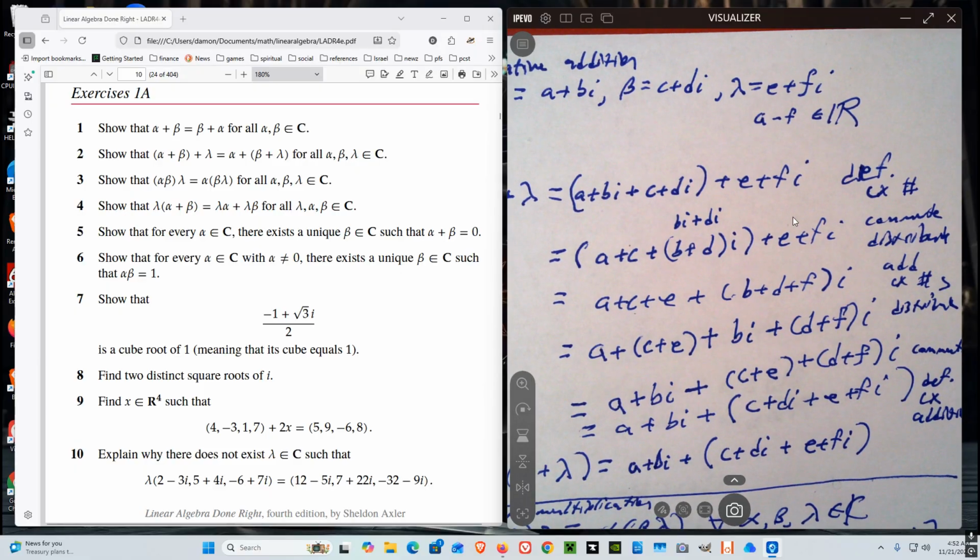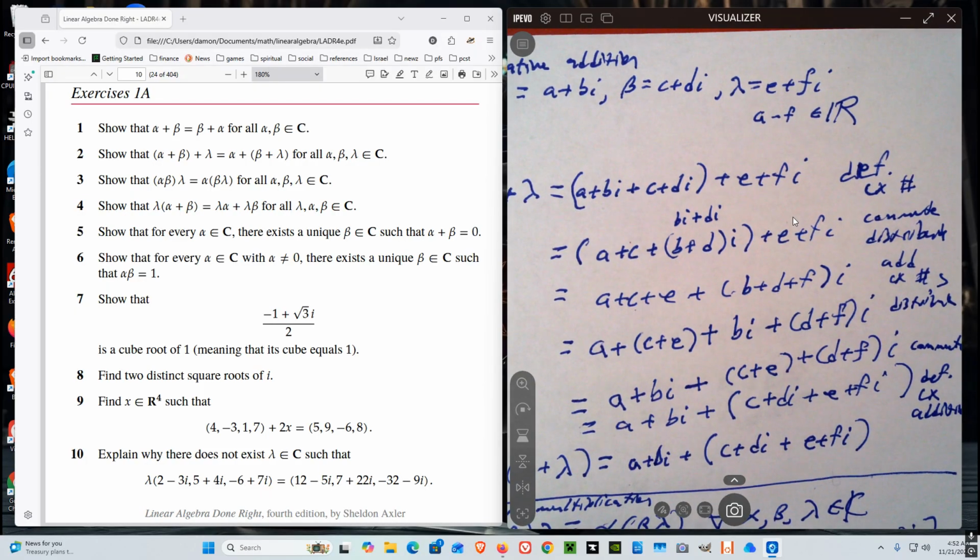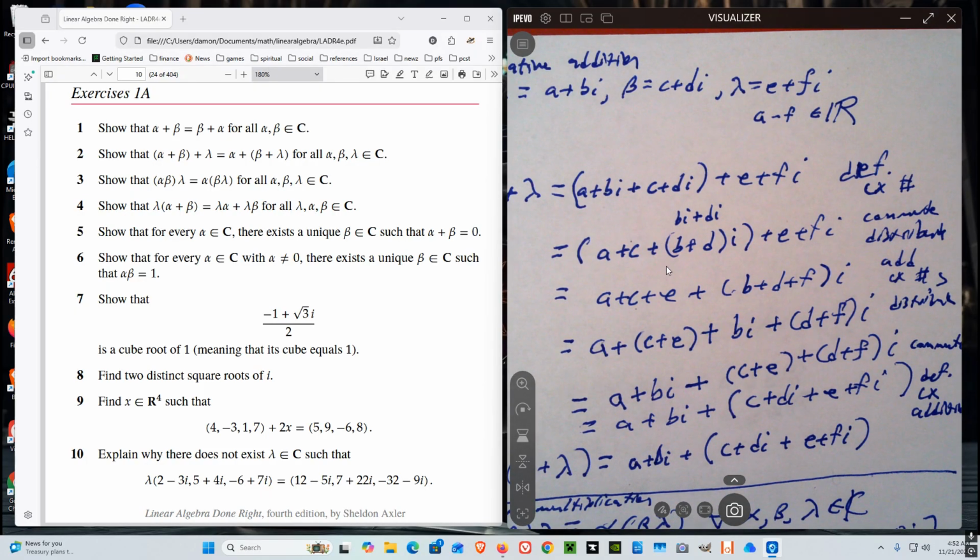I scribbled this down during my lunch at work. This is in the form of a complex number, and this is in the form of a complex number. So you add the real and the imaginary parts.